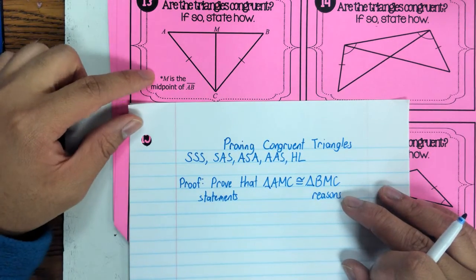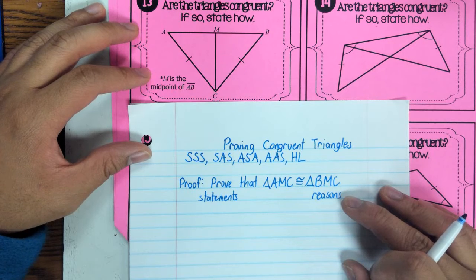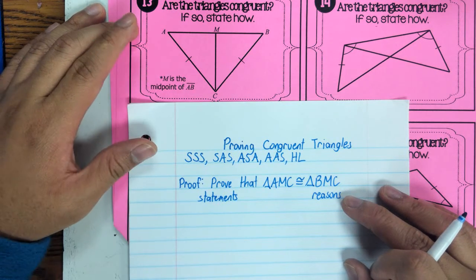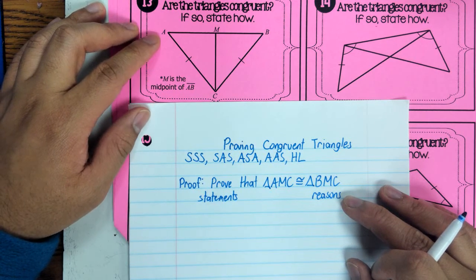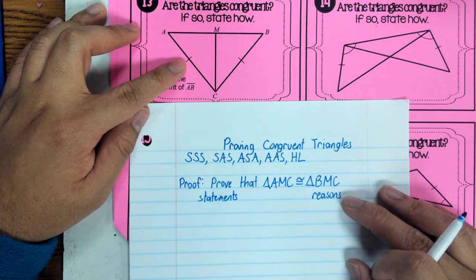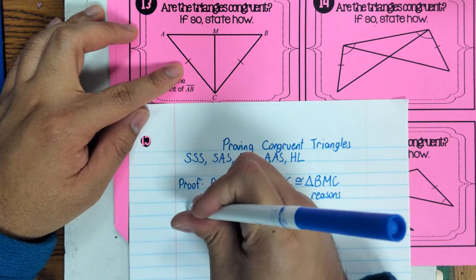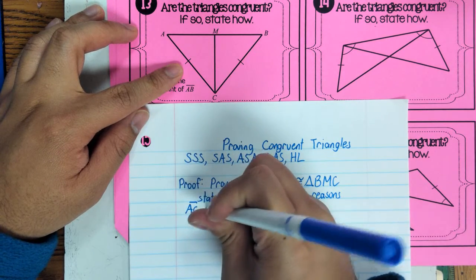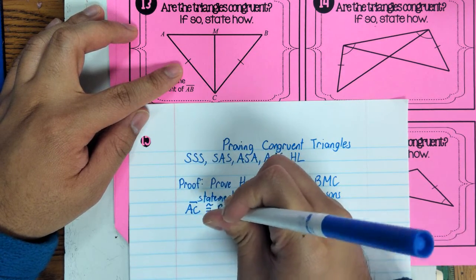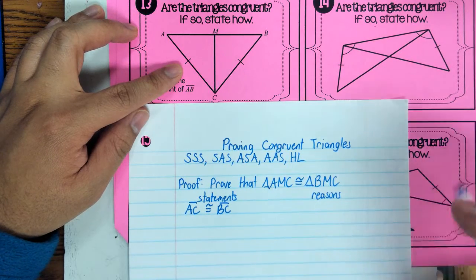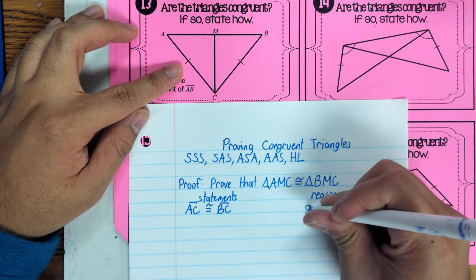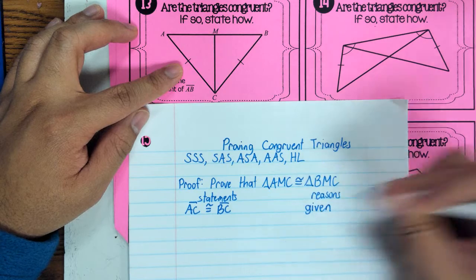Using this example, in a proof, we always start with information they gave us. So right here, we see there's a tick mark along AC and a tick mark along BC. So that tells us that AC is congruent with BC. Our reason for that, it's given. It's something they already told us.